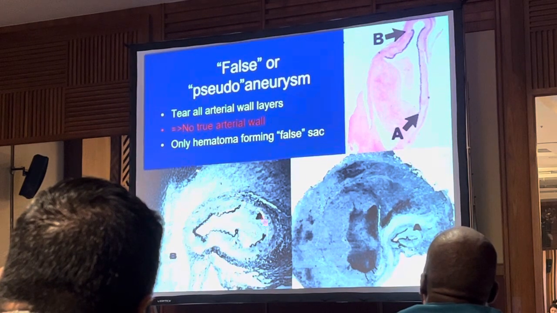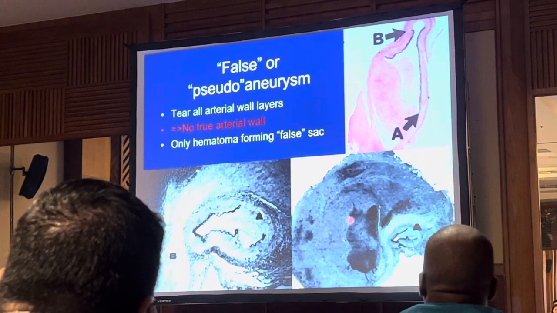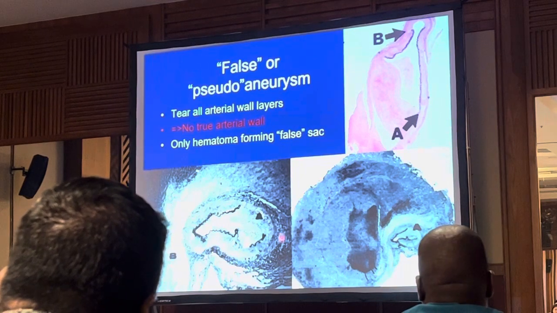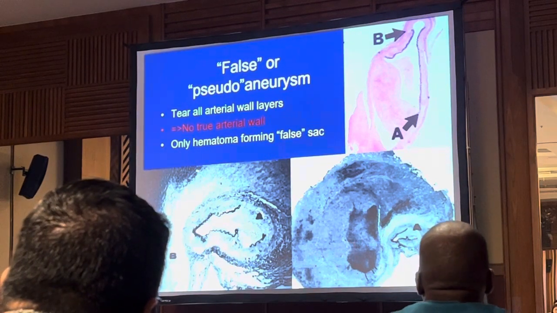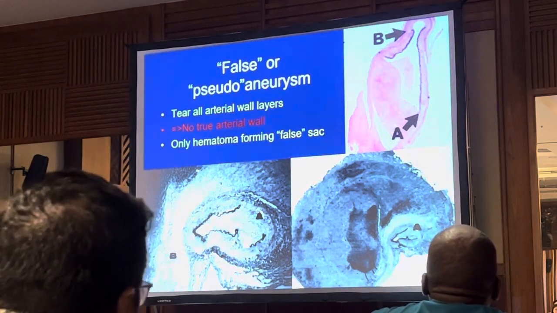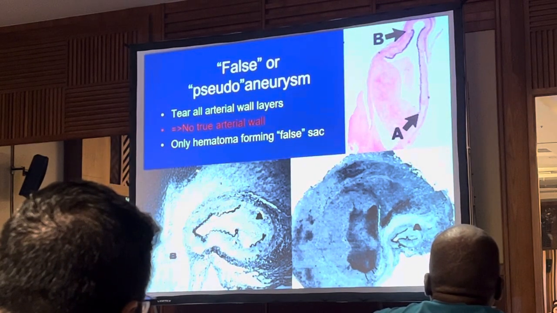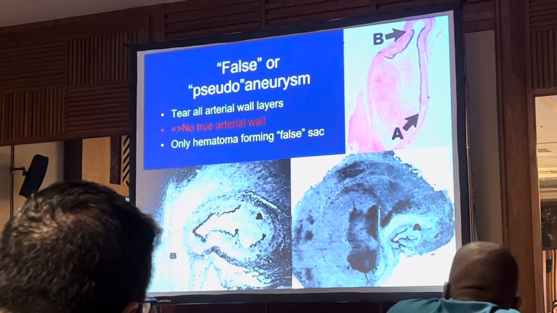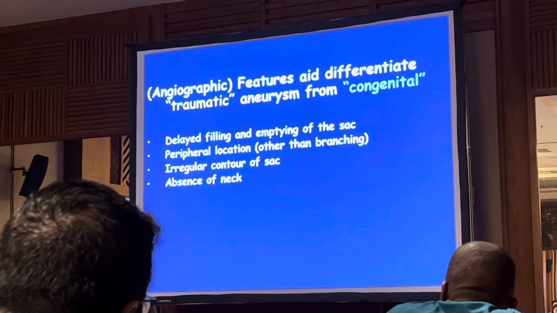You can see that there are rupture of the entire wall. So at the collection of contrast, you have no wall. So imagine you inject too strong or you put material inside the false aneurysm sac. You can easily rupture it and just put it without the wall there. So think about this pathology.